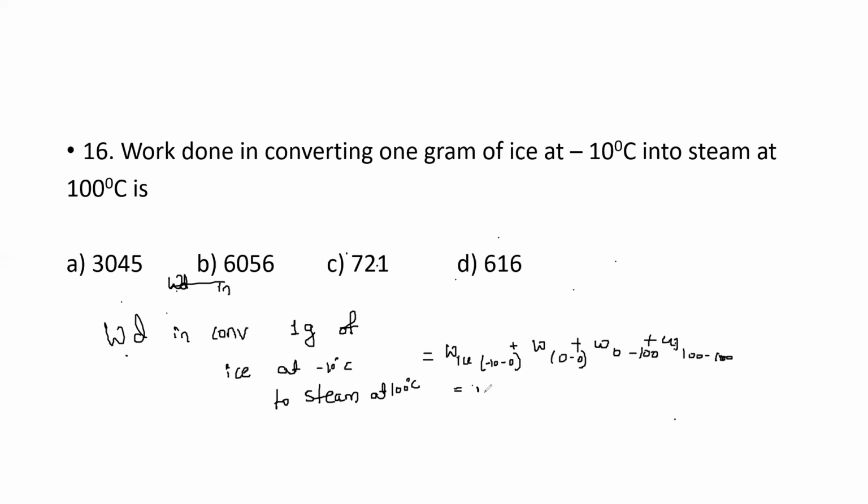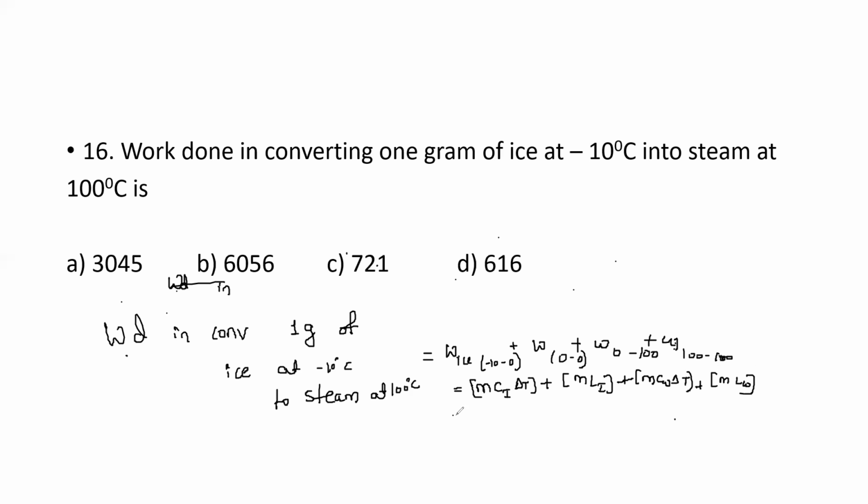So let us write. Here it is m into C of ice into delta T, plus, for the change of state, m into L of ice, plus, for the temperature change, m C of water into delta T, plus m into L of water.